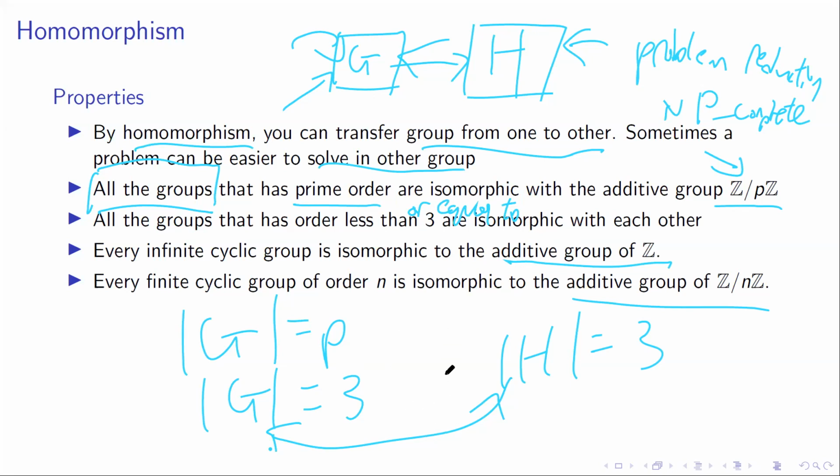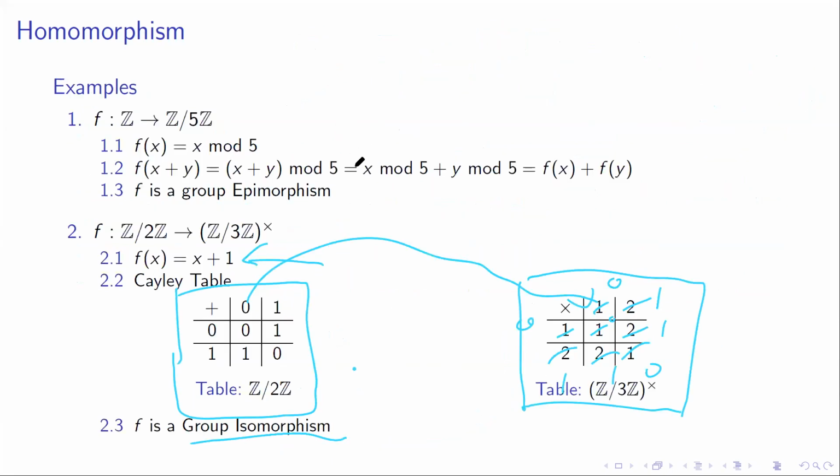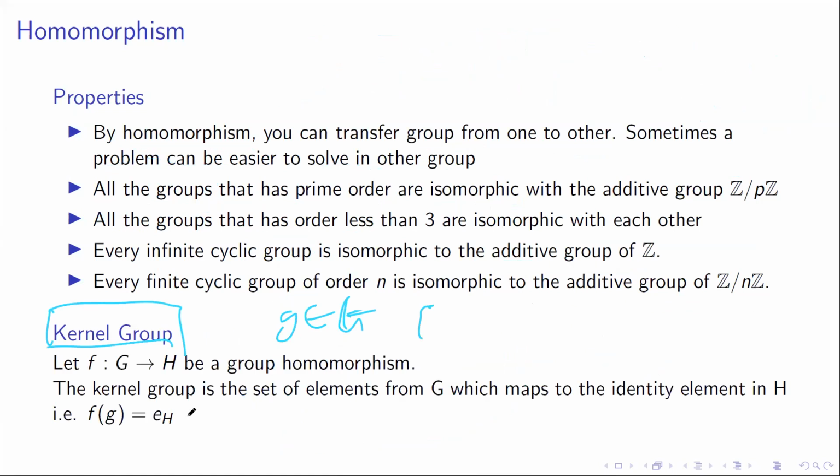Okay. Thanks. I guess I can explain why this is true, because I think this is also quite interesting. Let's say I need some space. Okay, I'll just use here. Why can we know that if I have a group G of order 3 and another group H of order 3, I can always show that these two groups are isomorphic with each other?